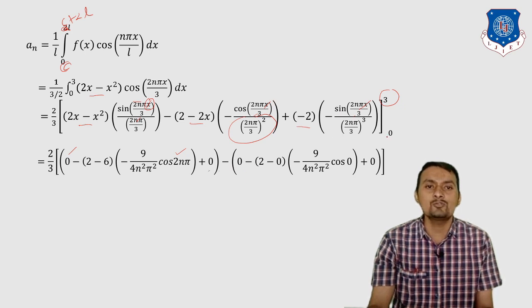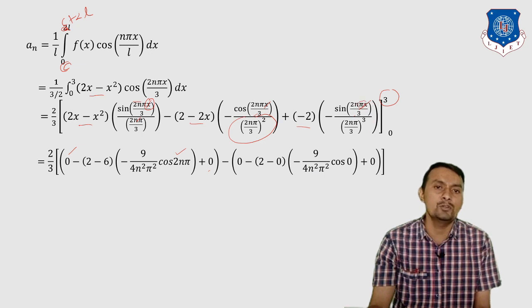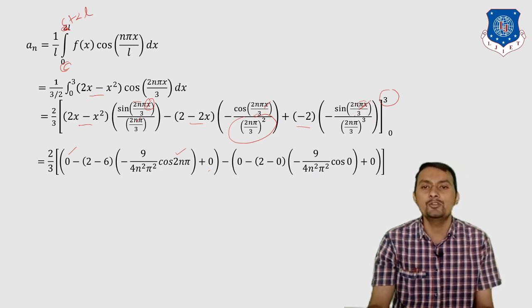Minus, for the second limit, before that we will put the minus sign. So x is equal to 0 here, so it is going to be 0. x is equal to 0 means cos 0, and minus 9 divided by 4n square pi square. And x is equal to 0 is here, so we get here minus in bracket 2 minus 0, and in bracket minus 9 divided by 4n square pi square cos x, and if we put x is equal to 0 here, sin 0 is going to be 0.